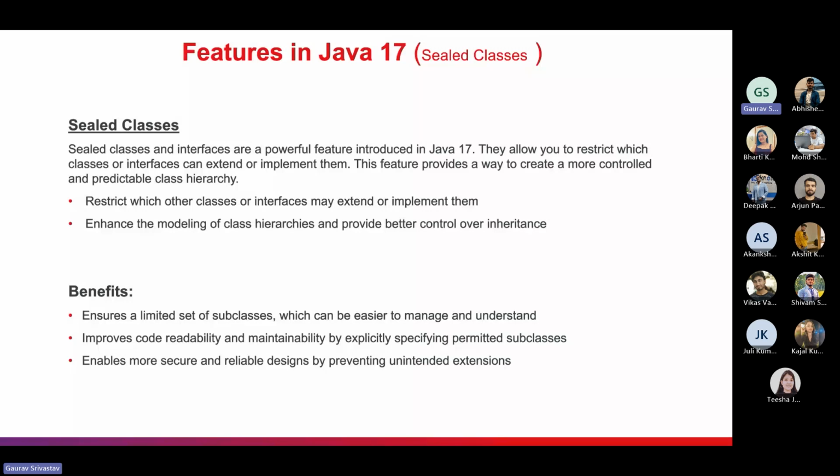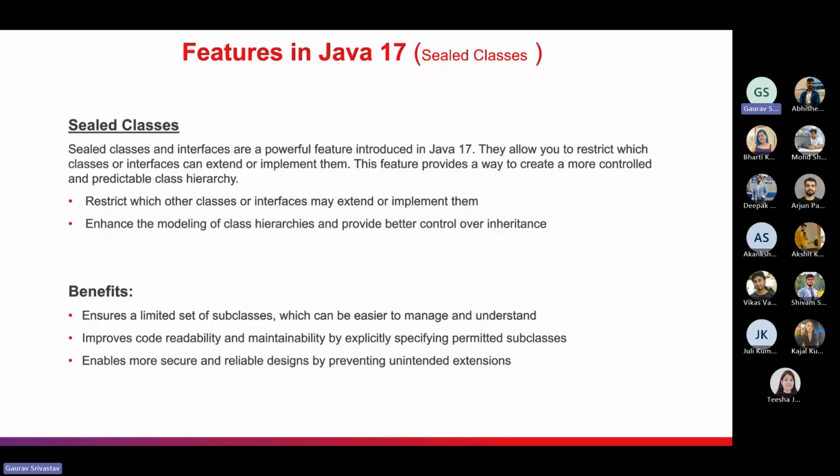And one more, we have the final class. Suppose you define a class and put all the information in it, and you don't want anyone to inherit this class. In this case, you can define the class as final. But what if you want to restrict your inheritance, like if you create an interface or class and you want only a few classes to be able to inherit from it? This is the kind of power sealed classes provide.